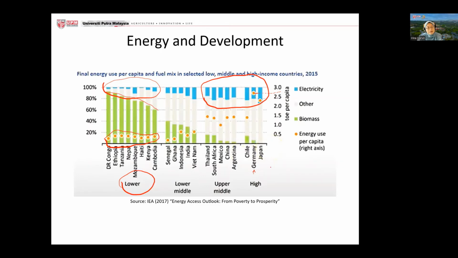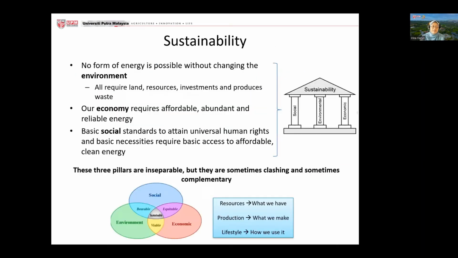So when we look at that, you have to start thinking: this is the scenario in the world. The lack of access has so many implications. As mentioned before, we go back to sustainability. Sustainability has 3 pillars: social, the environment, and the economy. As basic knowledge, no form of energy is possible without changing the environment.